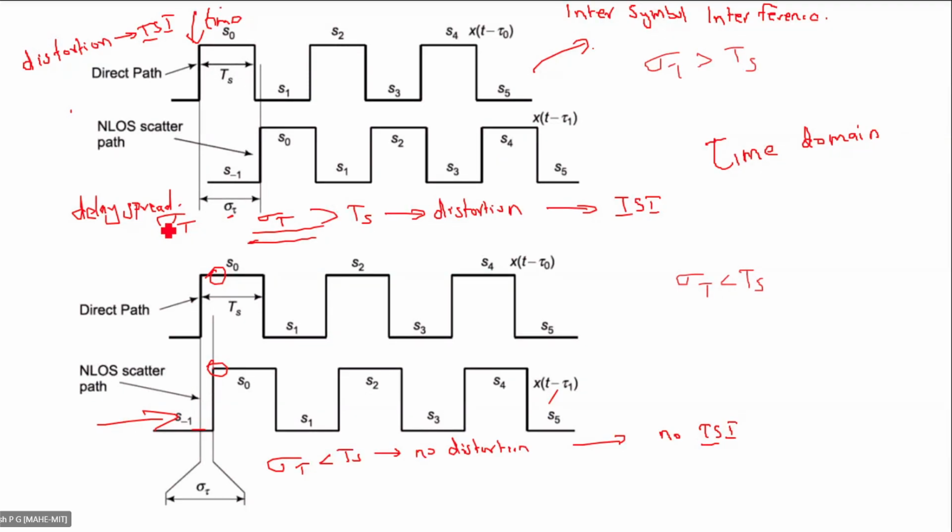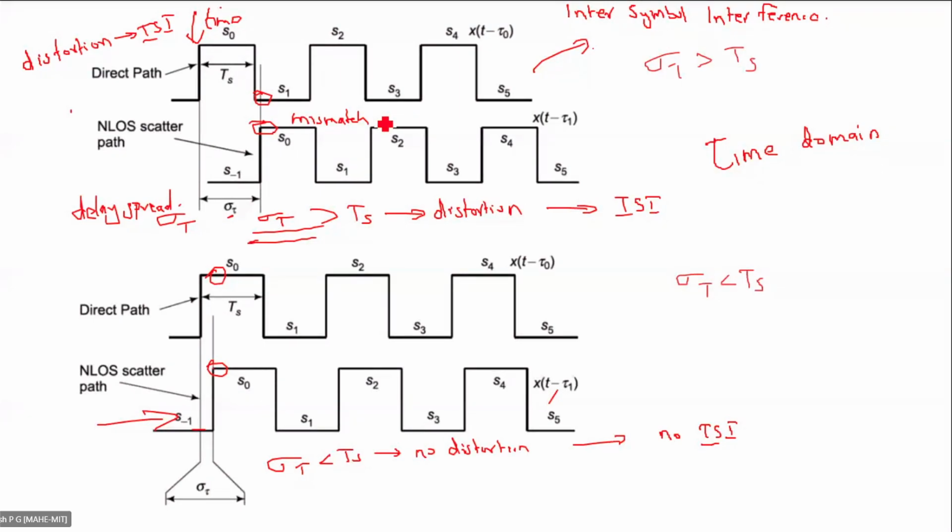The receiver will be happy if both are S1. But unfortunately, it is not both S1. It is S1 and S0. And since there is a mismatch here, one is S1 and one is S0.